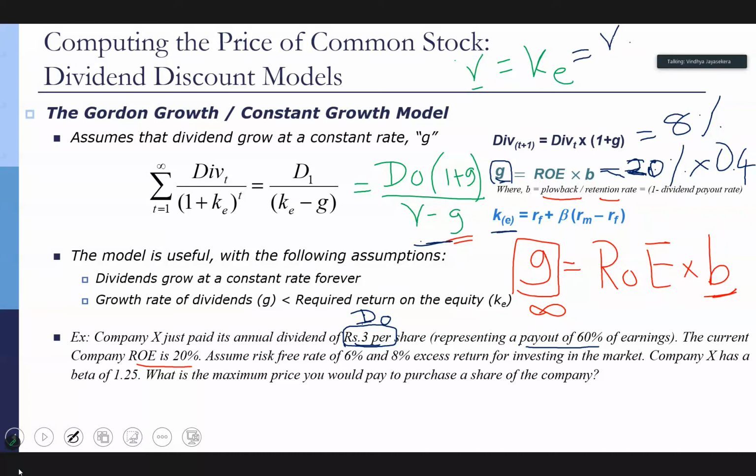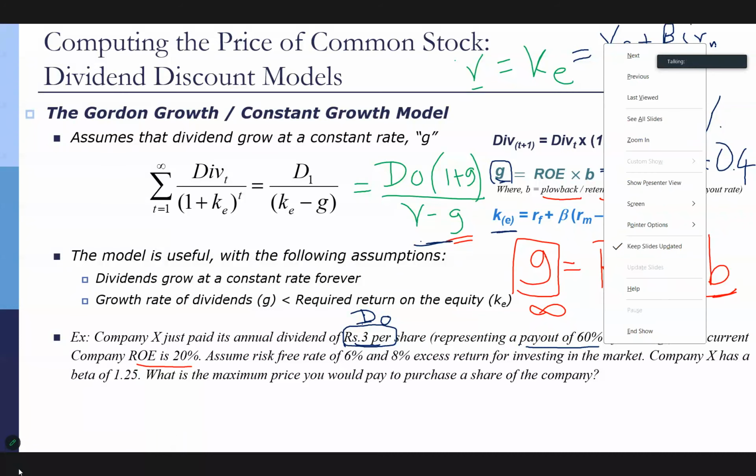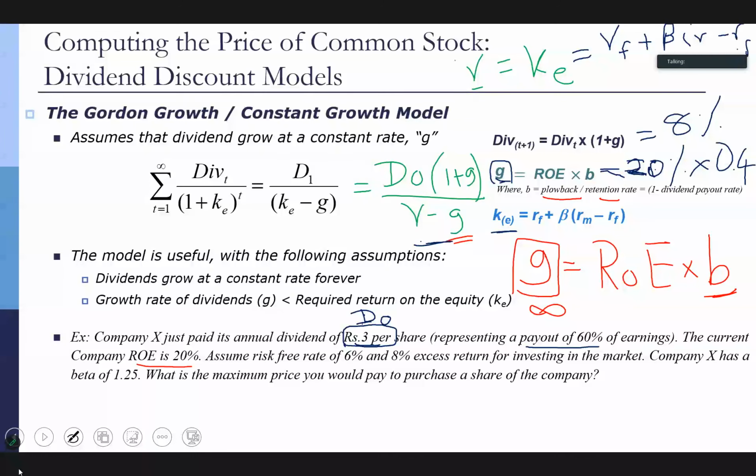It is my risk-free rate plus beta into RM minus RF. Right. Risk-free rate, it says it's 6. Beta is 1.25. How much is RM minus RF?